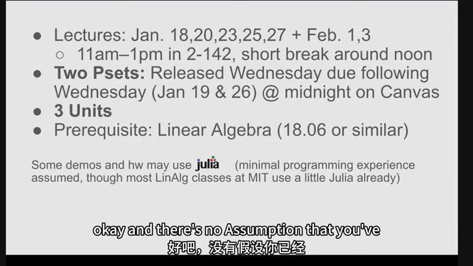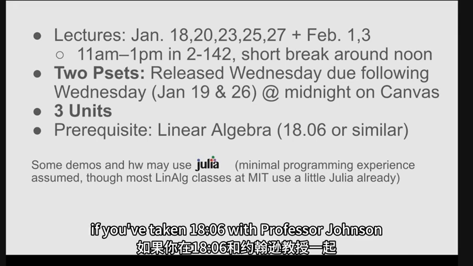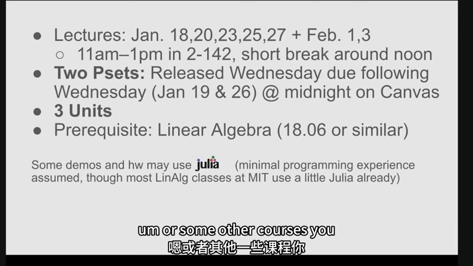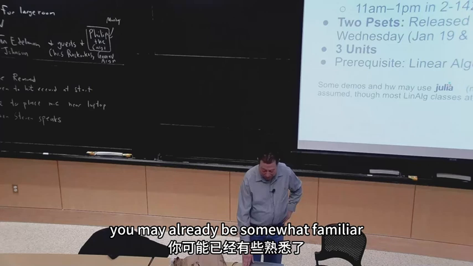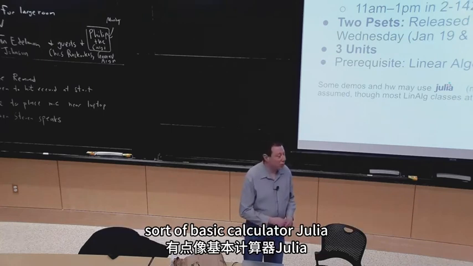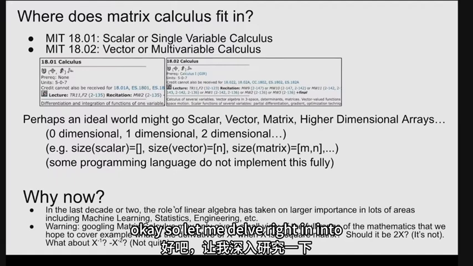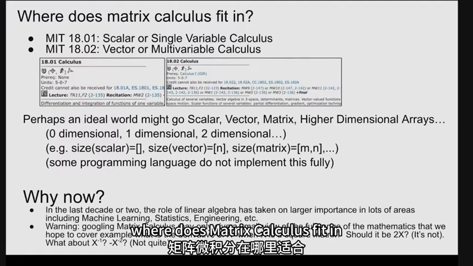There's no assumption that you've already used Julia before, but if you've taken 1806 with Professor Johnson or some other courses, you may already be somewhat familiar, but you could easily learn. The kind of Julia we're using here is basic calculator Julia, so you won't need to know much. Okay, so let me delve right into where matrix calculus fits in.